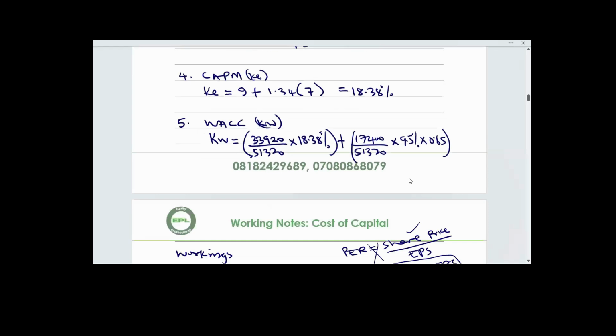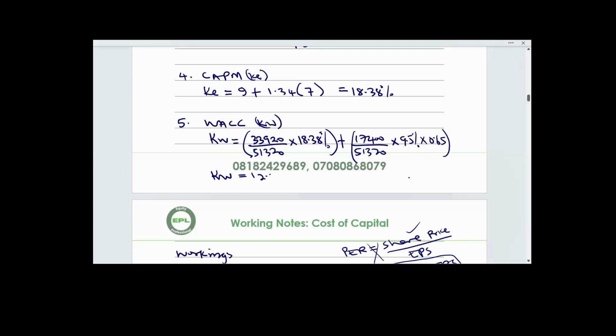Therefore, okay, final answer will be here. So I would then say 33,920 divided by 51,320 multiplied by 18.38 equals 12.15.